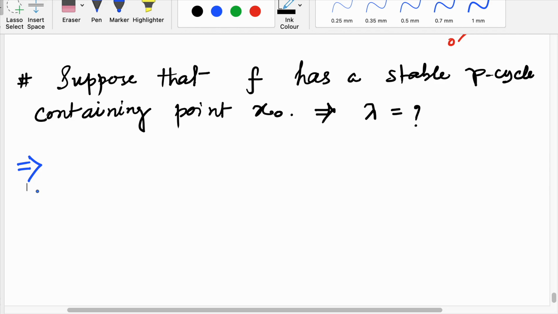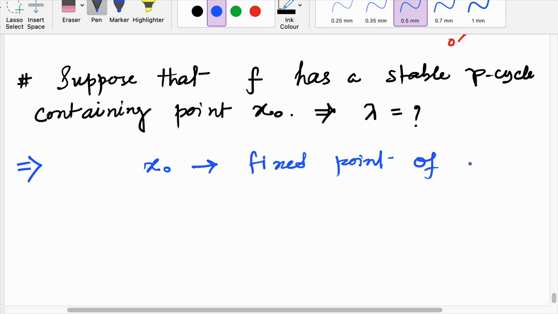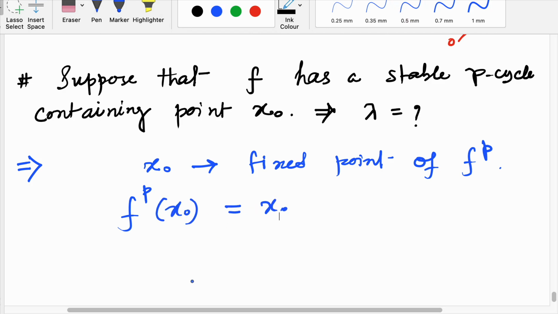So what do we know? If f has a stable p cycle which contains x0, that means x0 is a fixed point of f^p. If I iterate p times from x0, it will return to x0. This is the existence of the p cycle orbit.